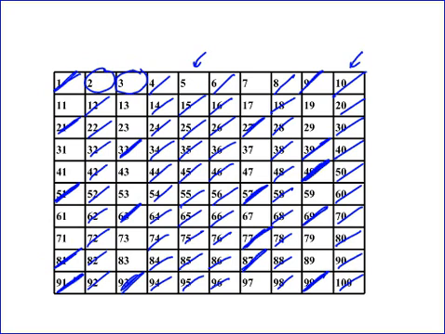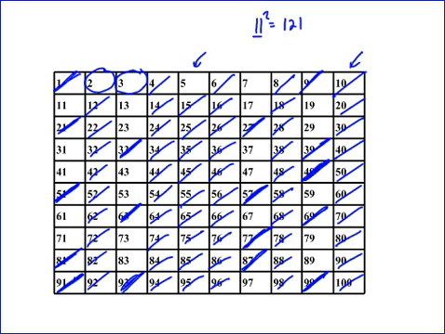I don't need to worry about multiples of 8 or multiples of 9, because any multiple of 8 is an even number, and any multiple of 9 is divisible by 3, so I've already taken care of those. So maybe I need to look at multiples of 11, but it actually turns out that I don't need to worry about multiples of 11 because 11 times 11 itself equals 121.